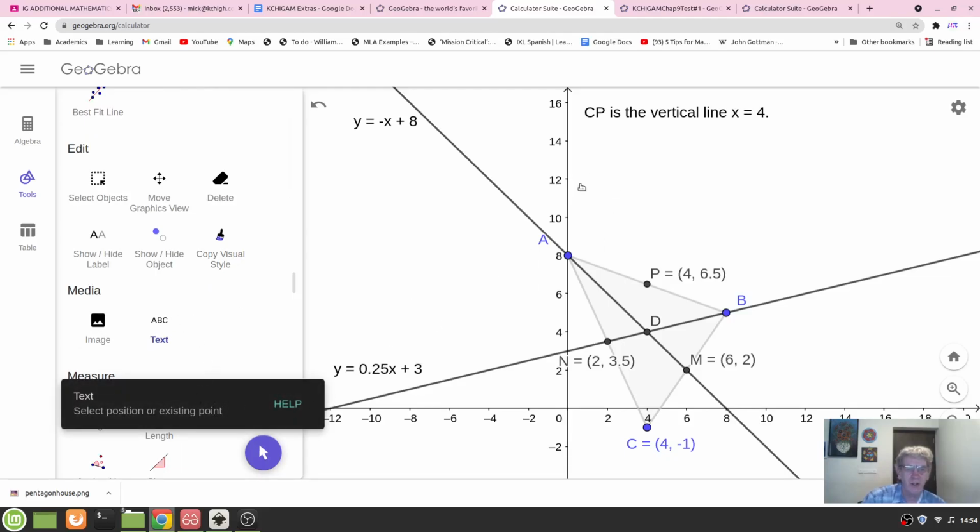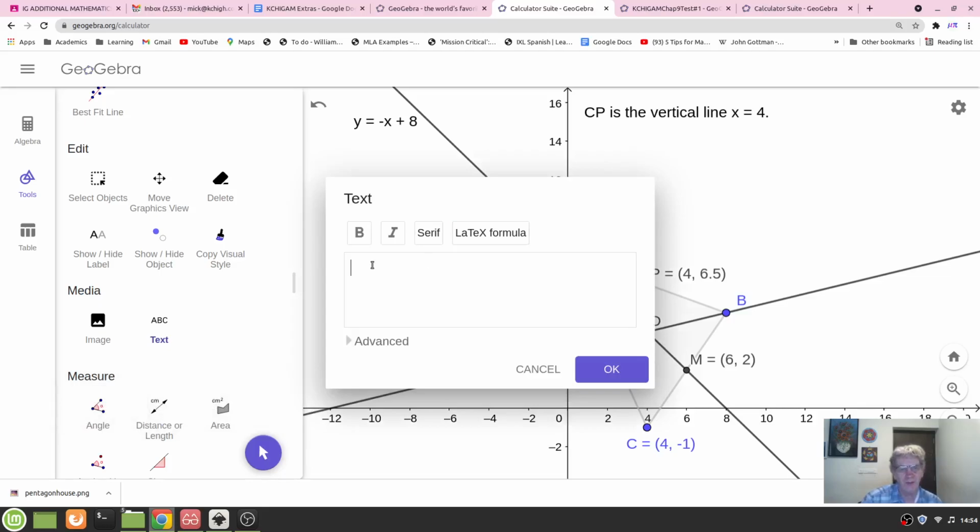Well, here D is the intersection of y equals minus x plus 8 and y equals, I believe it was, 1/4 x, was that plus 5 or plus 4 or what was that?